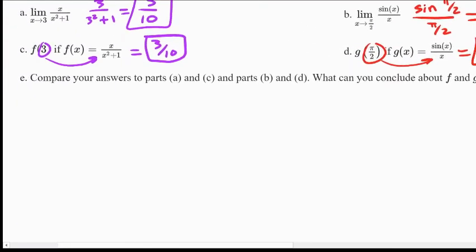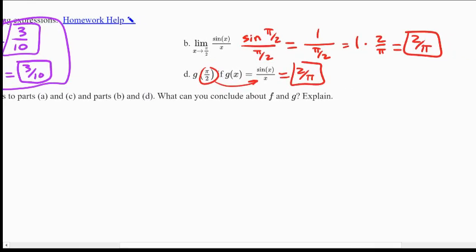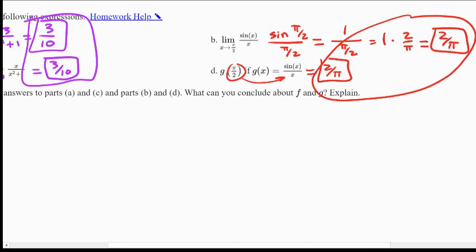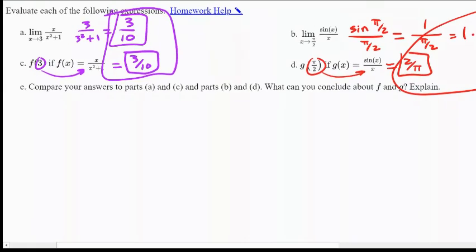For e, it says compare your answers of a and c, which are the purple ones here, and then b and d, which are the red ones over here. What can you conclude about the two functions? What we can talk about here is the idea that since the limit points towards a number, like the left side and the right side point towards a number, and then there's a point at that x value, that means that our function is continuous at that x value.